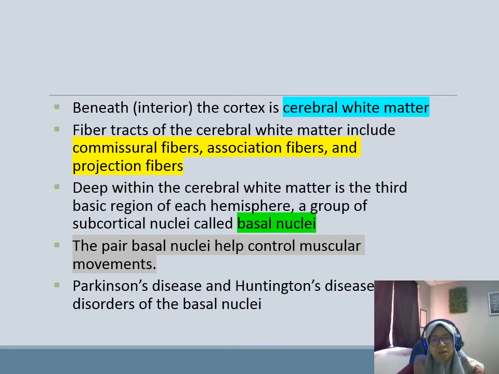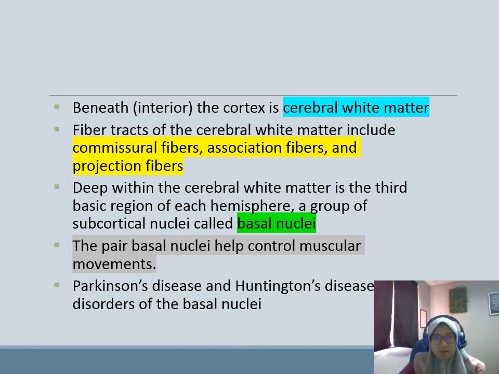Beneath or interior, means below. Below the cortex, we call it the cerebral white matter, because at the outside of the brain, we have the grey matter. Now, below the grey matter, we call it cerebral white matter.